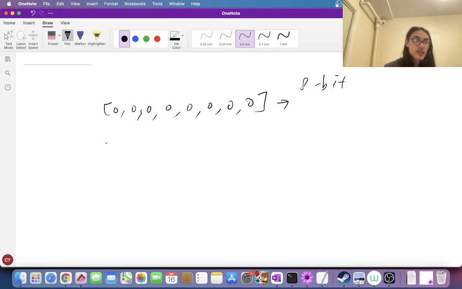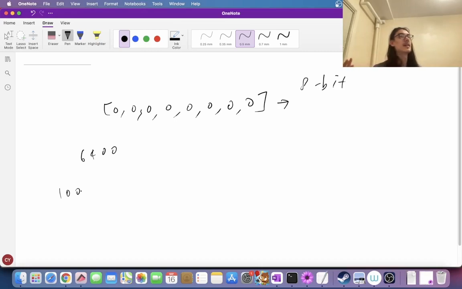Say we have thousands. For example, say we have 6,400. We can use 100 integers to represent it, and it's easier to do that because, for example, we need to do some basic operations like bitwise AND.